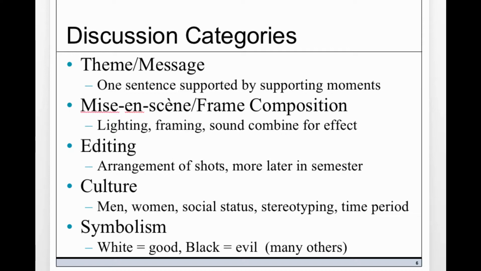Editing is arrangement of shots, and there'll be more types of editing, but right now you're looking for how each shot is cut and put together to create impact. Culture involves how people are living at the time, their roles, how they're represented in the movie as far as maybe gender. Men are looked at as powerful, women are looked as weak.